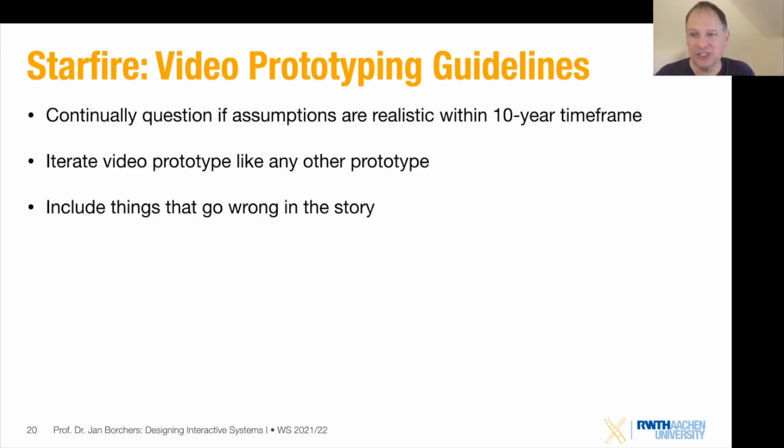So Bruce Tognazini and his team went in and actually made up things that would go wrong in the story. You saw another example where it said vocal command not recognized as she was practicing her speech that she would give in front of the boardroom. There are a couple things in there where tiny things go wrong, and that's intentional, right?